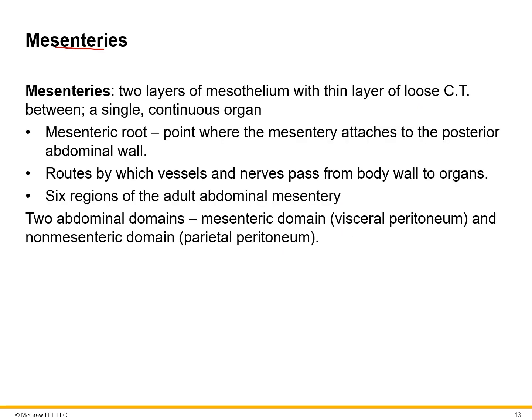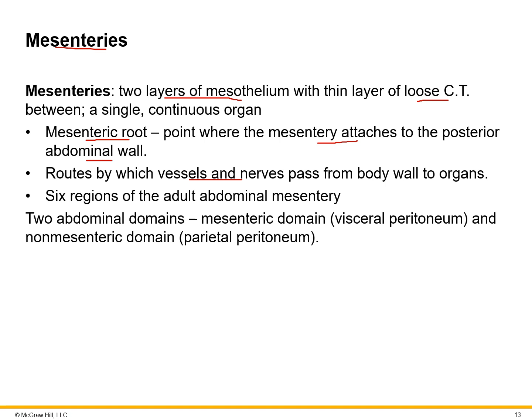We also have what are called mesenteries. So these, again, are two layers of mesothelium with a thin layer of loose connective tissue between them. We have what's called the mesenteric root, and this is where the mesentery attaches to the abdominal wall. This includes the routes where vessels and nerves are going to pass into the organ.